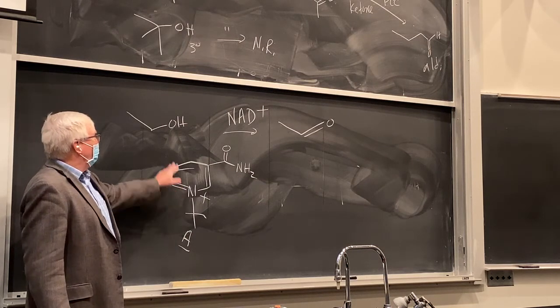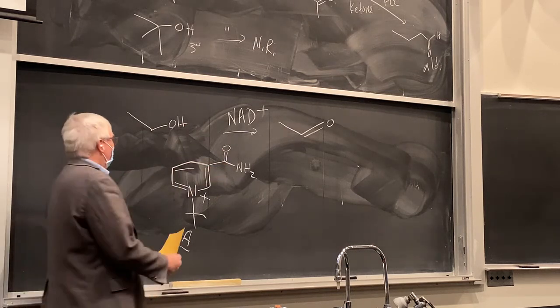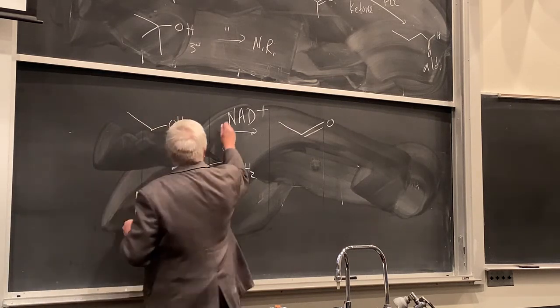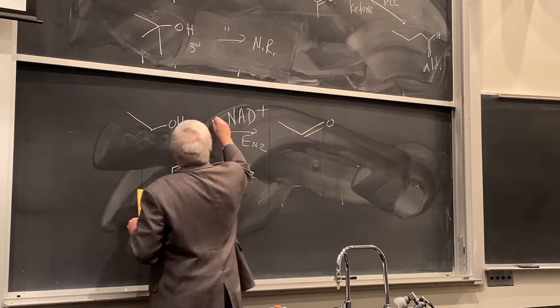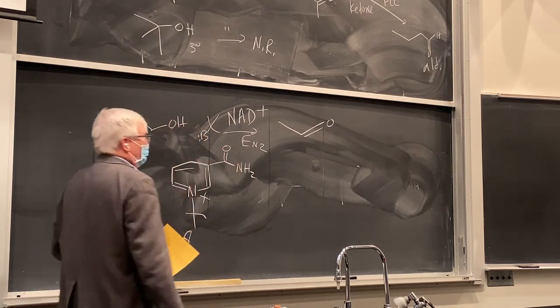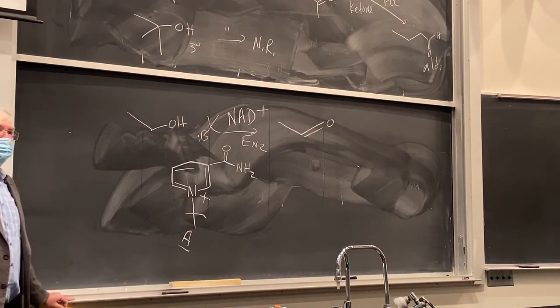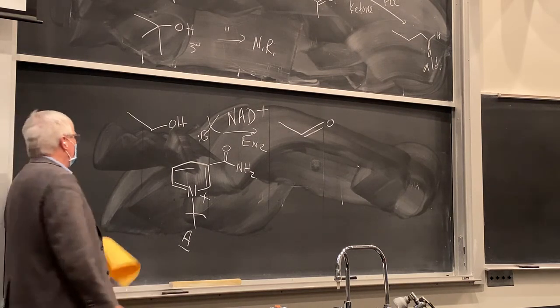How does NAD+ convert an alcohol into the oxidized aldehyde product? Okay, well, it does this. It has an enzyme here. This enzyme actually has a basic side chain, which is usually a histidine. Okay, there's an amine base there inside the enzyme.